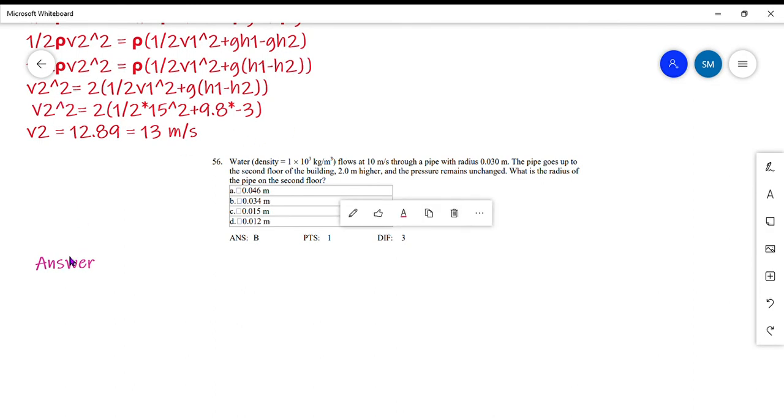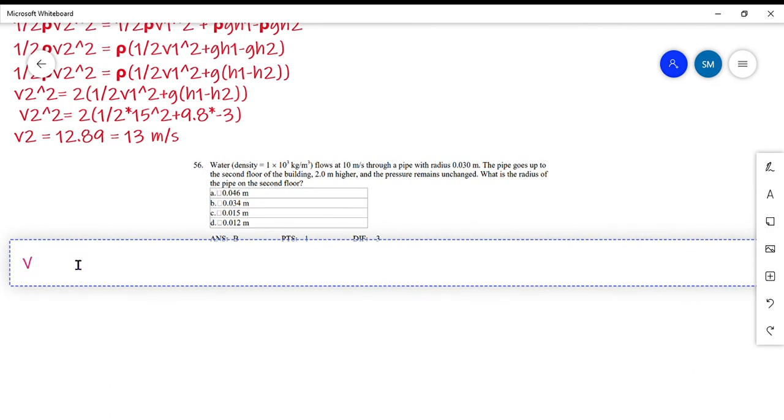Let me rewrite it. v2 power 2 is simply equal to half v1 power 2, you can multiply 2 in all the sides if you like, plus g times h1 minus h2.